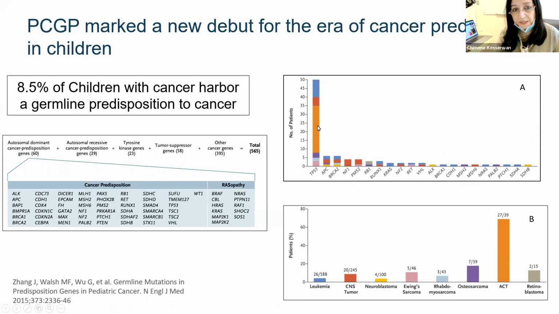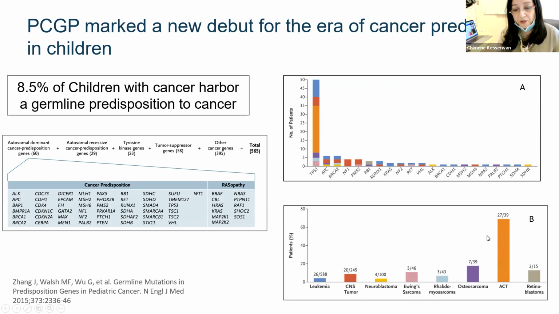You probably notice that TP53 is the dominant cancer predisposition gene in that paper, that there was some ascertainment bias because St. Jude is known for its rich population of adrenocortical tumors, adrenocortical carcinomas, specifically from Brazil.